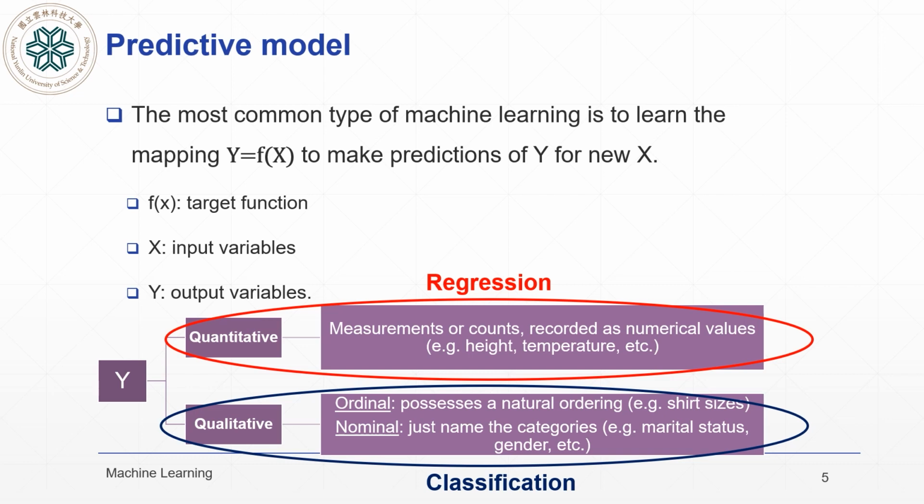For nominal, you just name the categories, such as marital status, gender, etc. In conclusion, we give x as an input and we have y for the target function. The y can be categorized as quantitative and qualitative.